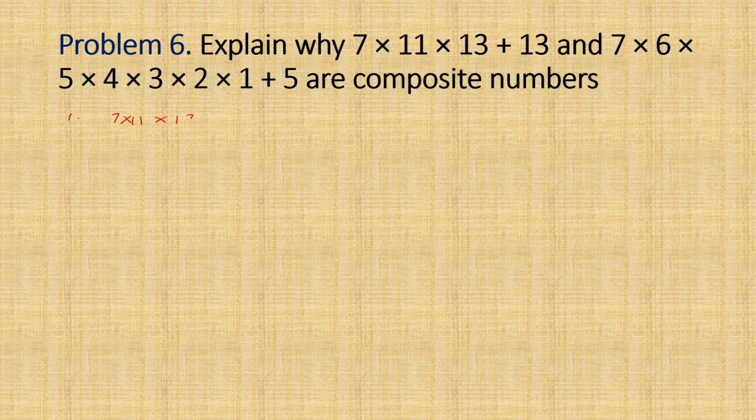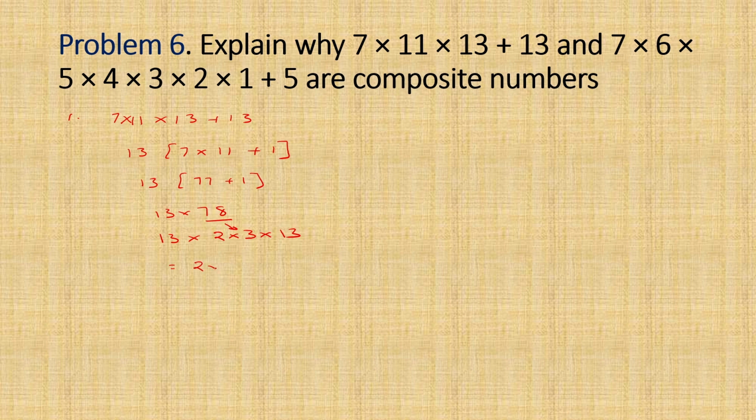7 into 11 into 13 plus 13. So here 13 is common in both cases. 13 into 7 into 11 plus 1. 7 into 11 is 77, plus 1. So 13 into 78. 78 can be written as 2 into 3 into 13.